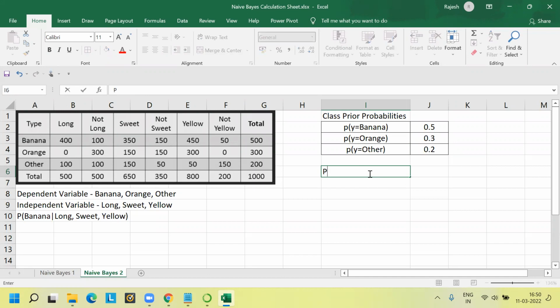Now we will calculate the probability of likelihood of evidence.